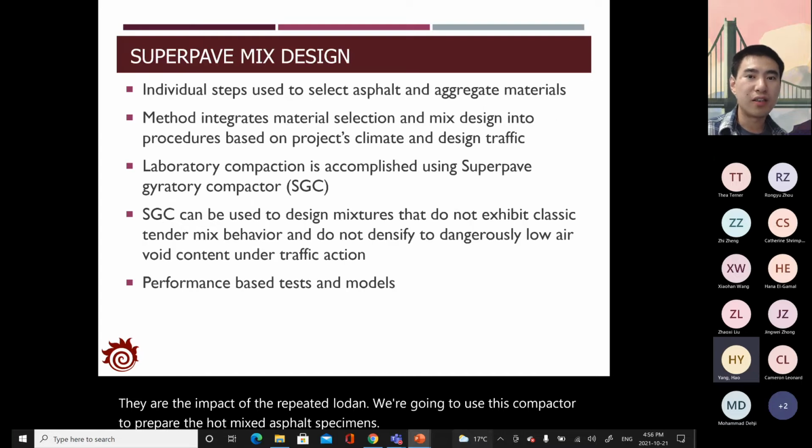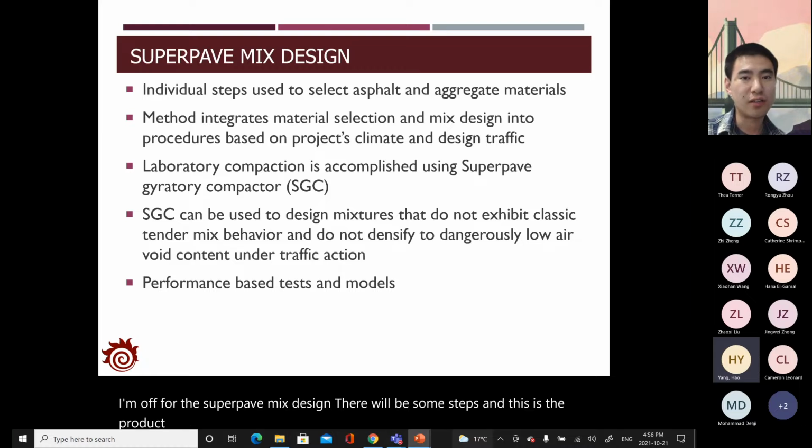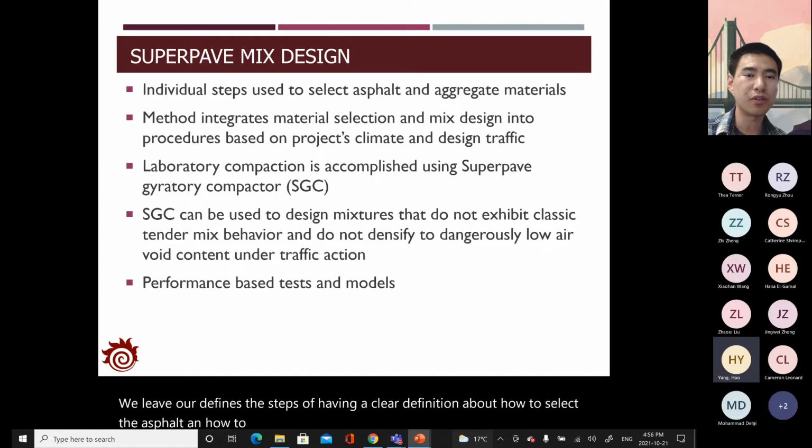For the SUPERPAVE mix design, there are some steps, and this is the part I'm going to introduce in today's lecture, and also in 2 more lectures next week. It defines the steps, with a clear definition of how to select the asphalt and the aggregate materials.